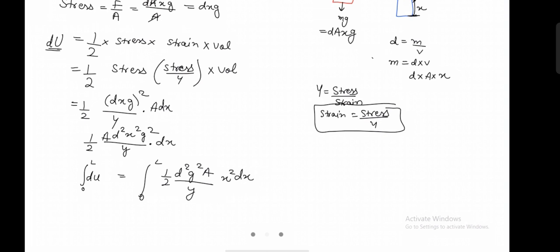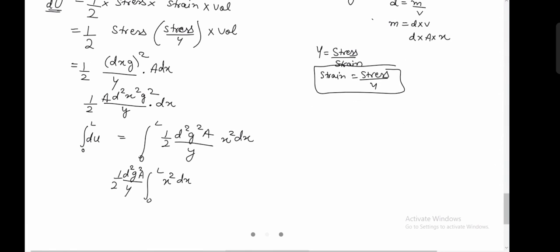The things which are constant, I'm going to take out of the integration sign. So the things which are going to be constant can be written as half, density is going to stay constant, g is going to stay constant, area and the Young's modulus. Then what are we left with? We are left with x squared and dx. Now we are going to integrate it.